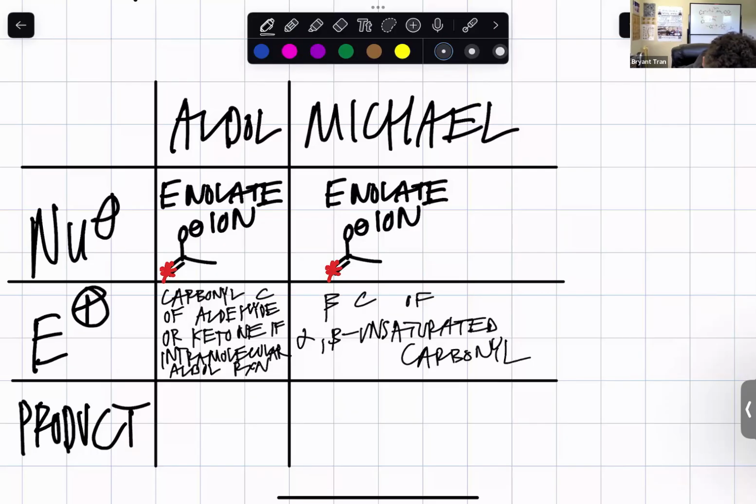Okay. The product for aldol is going to be, if you cannot do aldol dehydration, an aldol. But if you can do aldol dehydration, you're going to create the alpha beta unsaturated carbonyl. And then the product for Michael is going to be a 1,5 dicarbonyl.